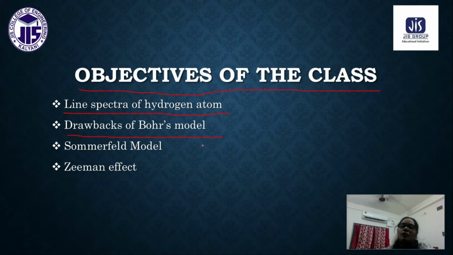Last day we discussed the Rutherford experiment, Rutherford atomic model, and also Bohr's atomic model. Today we will discuss the drawbacks. What are the problems if we follow the Bohr atomic model? Today we will discuss that, and how we can sort out that problem with the Sommerfeld atomic model.